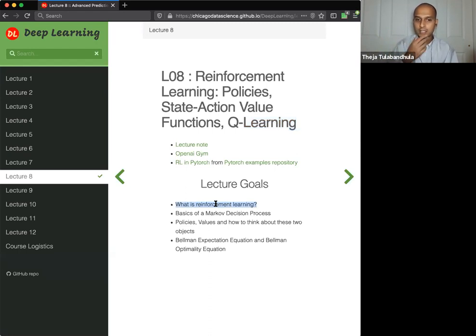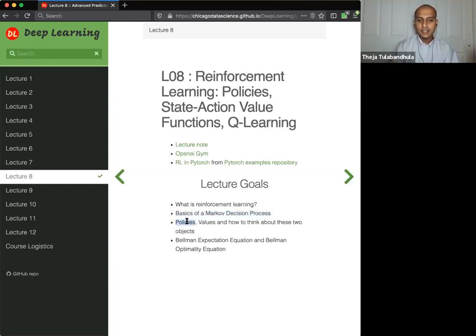By the end of this lecture, you should be able to appreciate what reinforcement learning is about. A nice way of defining an RL problem is using a primitive called Markov decision process. We're going to talk about what each word means: what is a Markov process, what's a decision process, and what's a process itself.